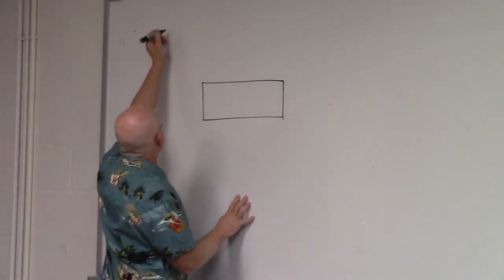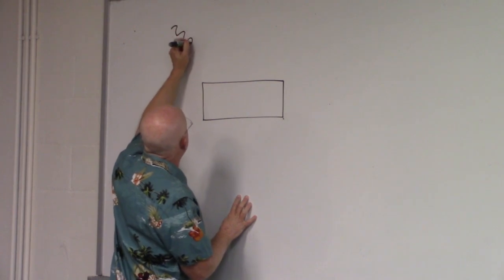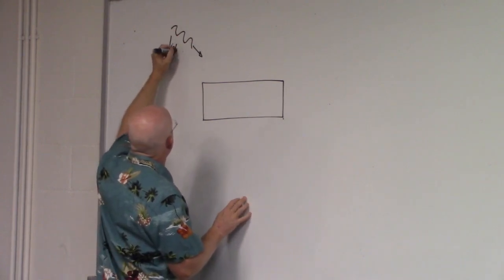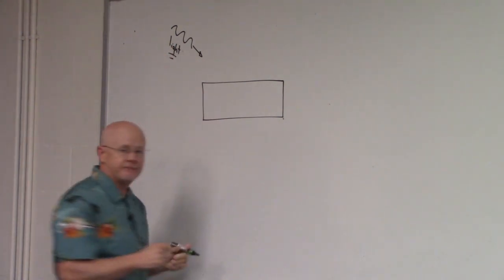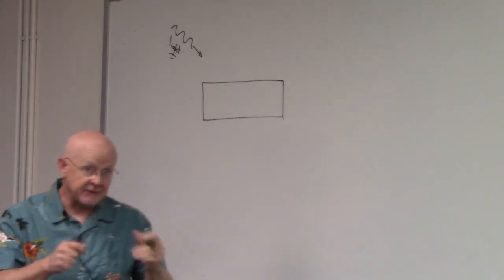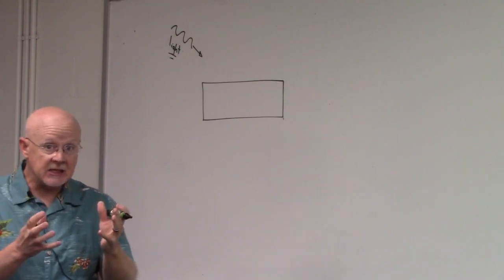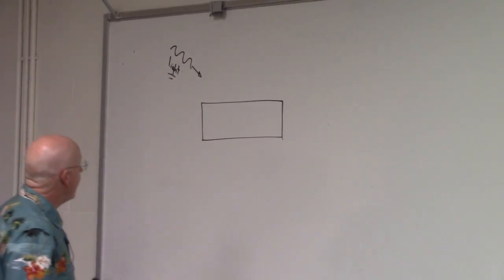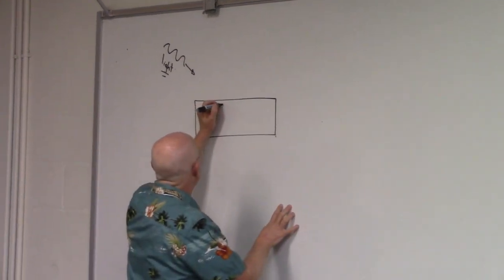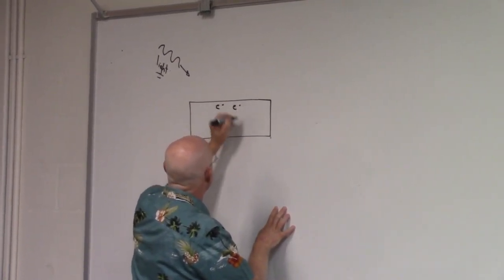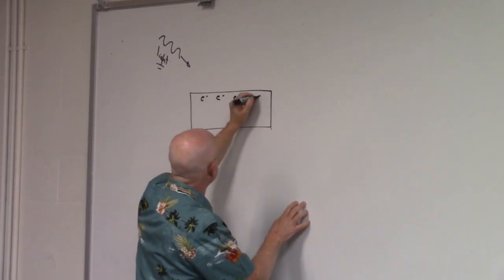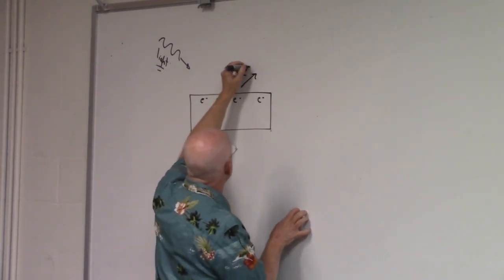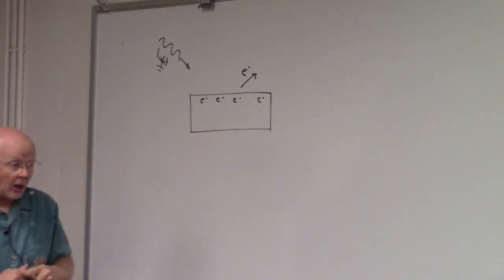They were shining lights on it, and they tried different combinations of light, different frequencies, different intensities, and they noticed something interesting. And that is the electrons that are in the material get ejected under certain conditions.